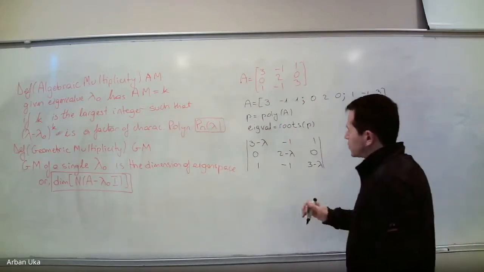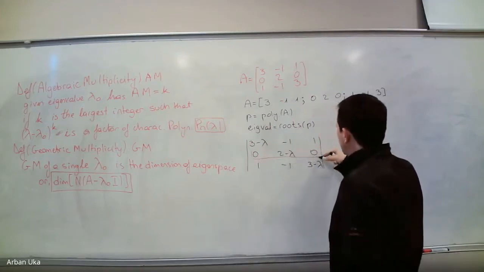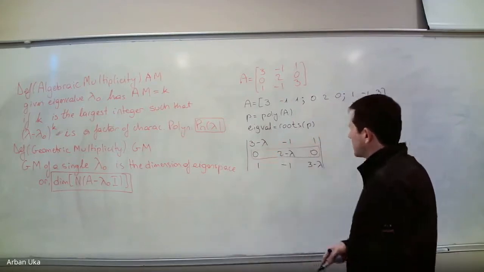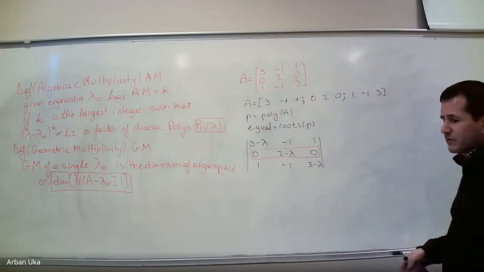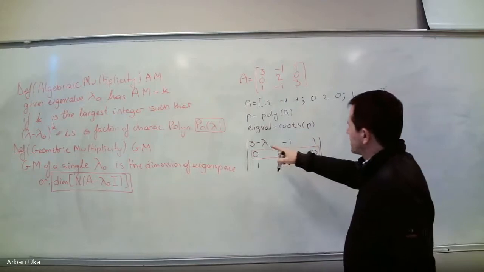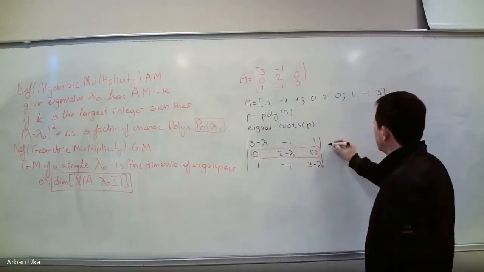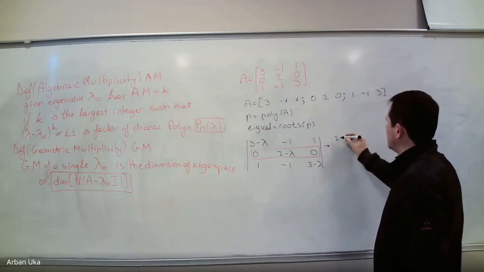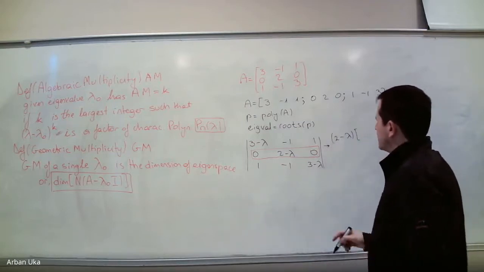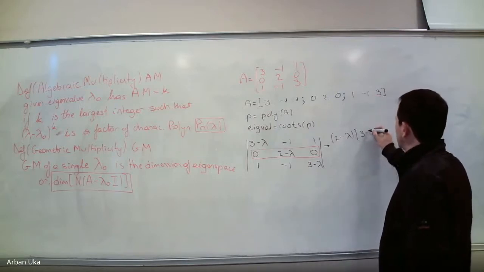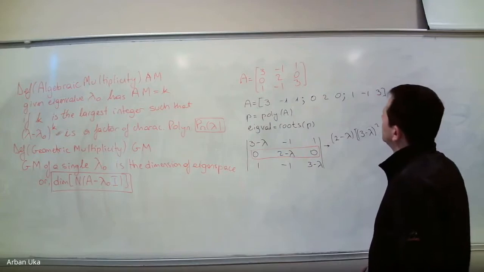It might be a good choice to find the determinant by expanding along the second row, because we have two zeros there. We do this plus, minus, plus. So the determinant will be equal to 2 minus lambda times 3 minus lambda squared.